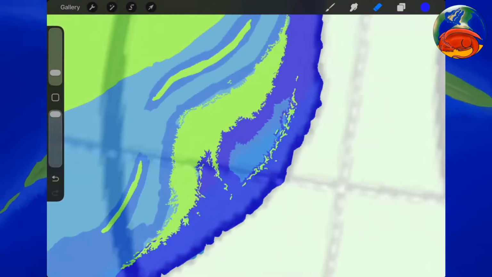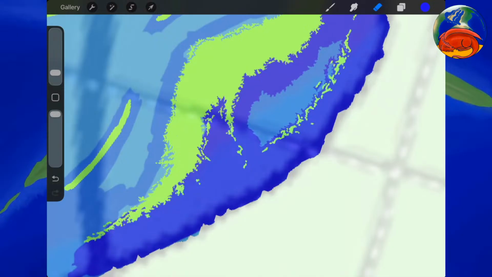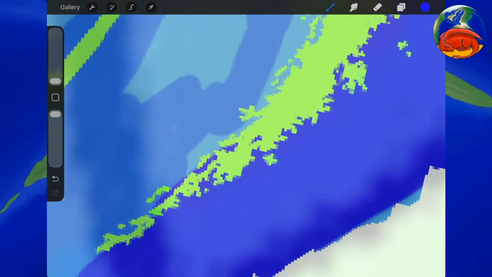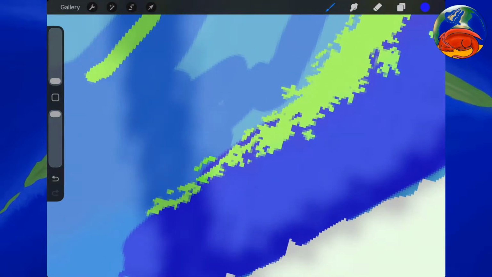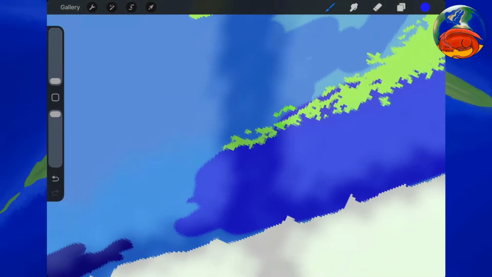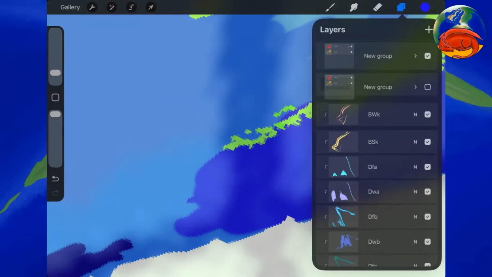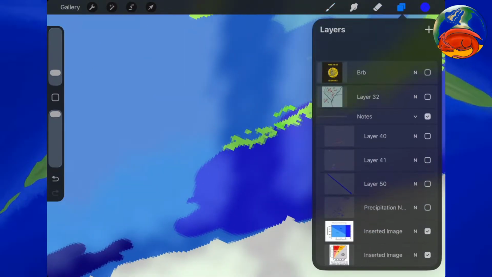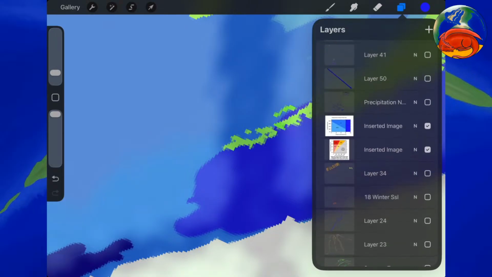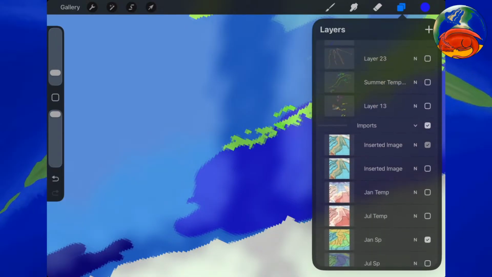There we go. That's nice. Okay, then we're gonna go in and make sure that we get all along there, and then we are going to clean up this boundary here.